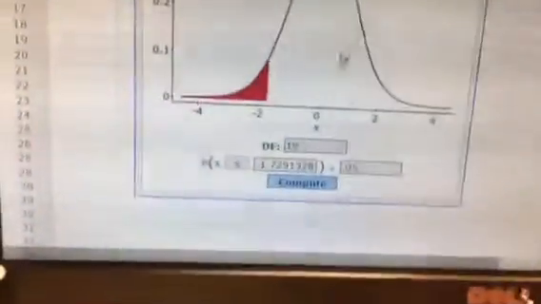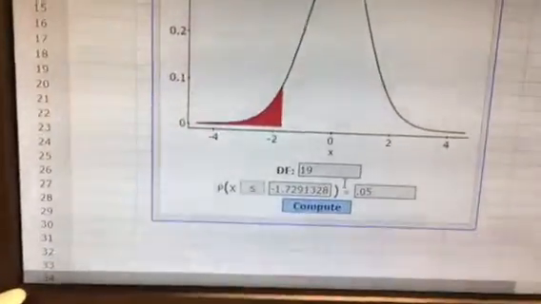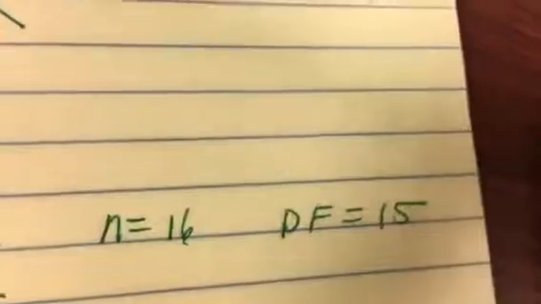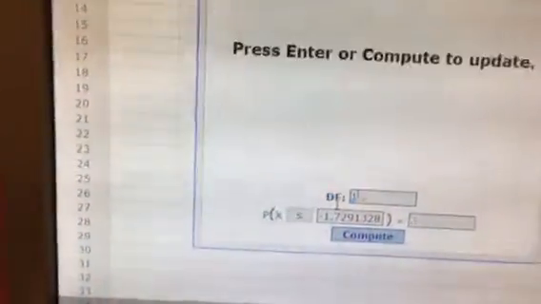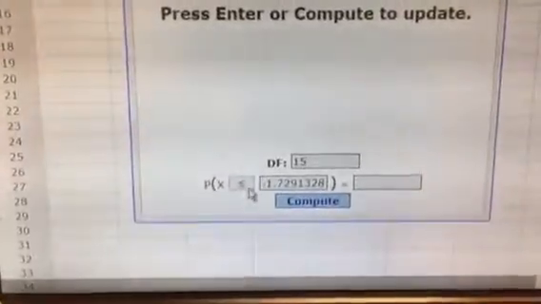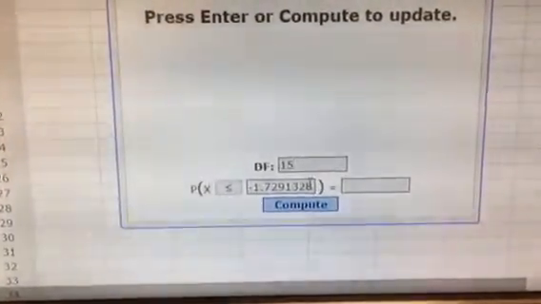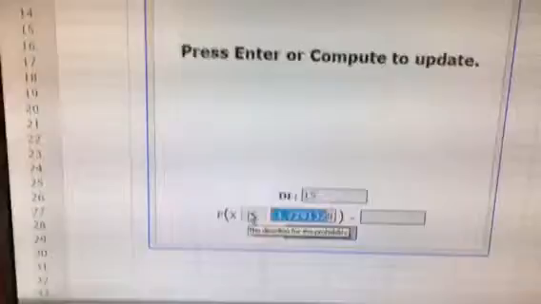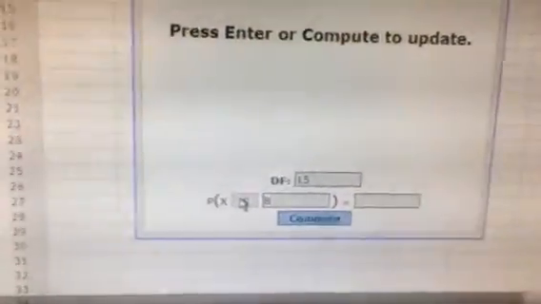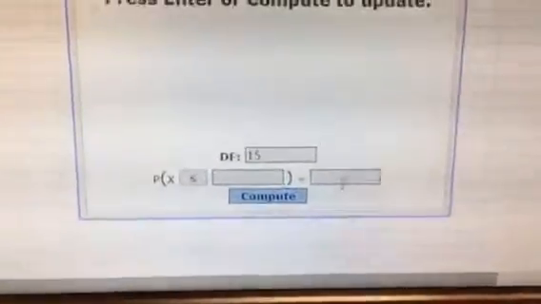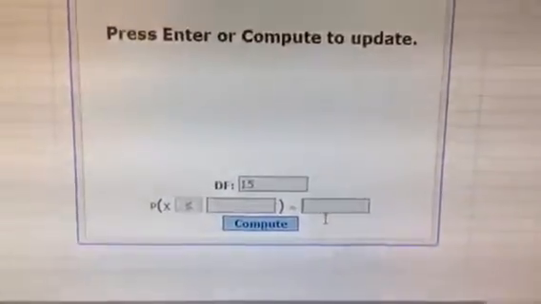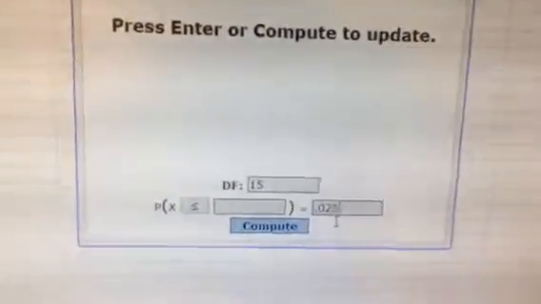Okay, so we are going to our calculator, our degrees of freedom. In this one, it said we had 16 as our n, so our degrees of freedom will be 15. So we'll put in 15. We can use a less than. That'll be fine. It does not matter which side we do. Then I'm going to put in my alpha, where I split it in half, 0.025, and compute.